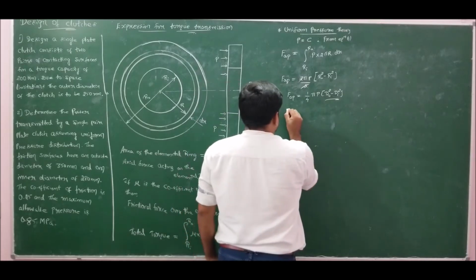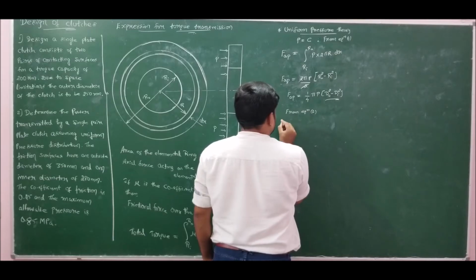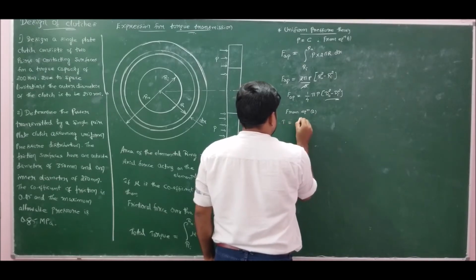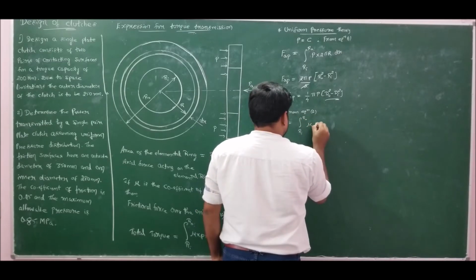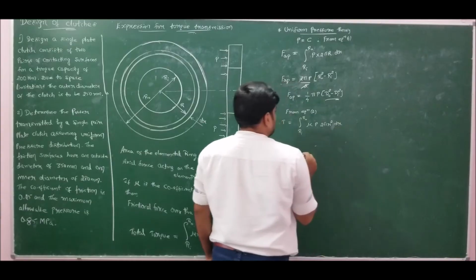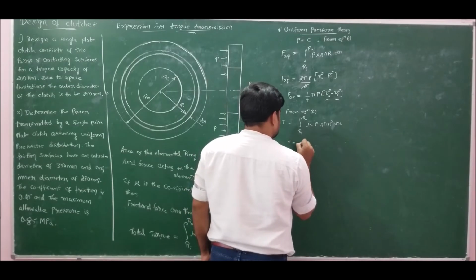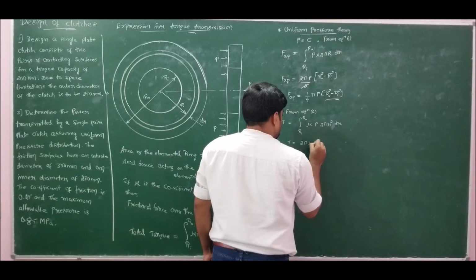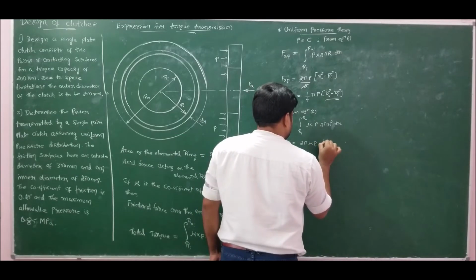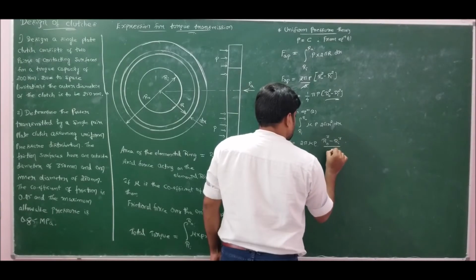Now from equation 2, total frictional torque will be T is equal to integral from Ri to R naught mu times P 2 pi R square dr. So if I integrate this, I will get the total frictional torque as 2 pi mu P, I will get it as R cube by 3, hence it is R naught cube minus Ri cube by 3.